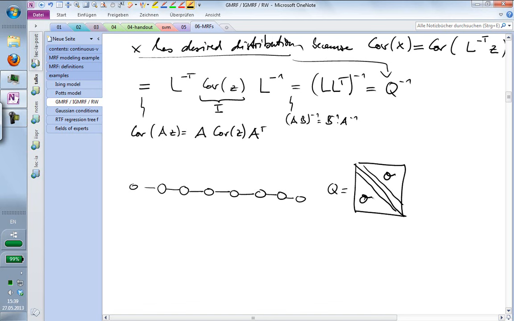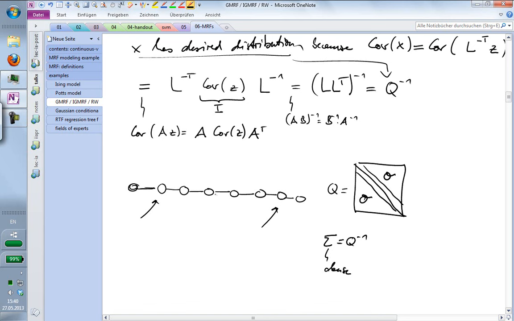So I specify the interaction between a random variable and its neighbor, but because they are coupled and because they're jointly Gaussian, the covariance matrix is going to be dense. You will see that every random variable, so even one that's sitting here, will be correlated with any other, even those that are far away.